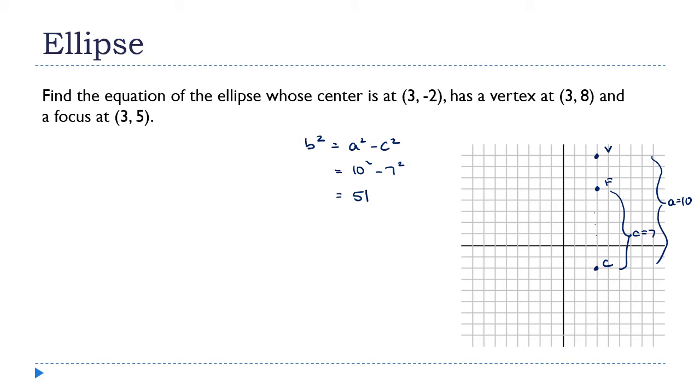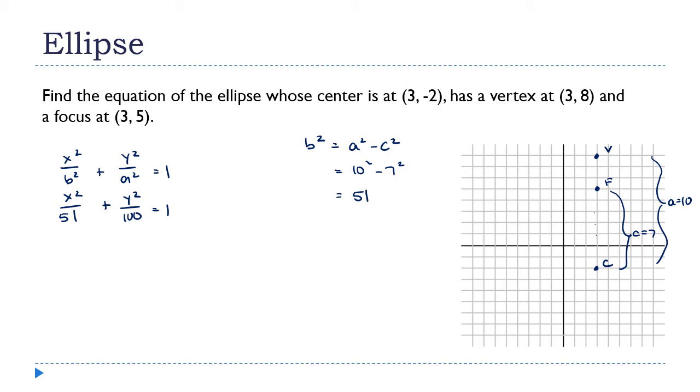It's going to start where we're not going to worry about the center just yet. It's going to be x squared over b squared plus y squared over a squared equals 1. All right, so a squared, that's 10 squared, that's 100. And b squared is 51. So x squared over 51.